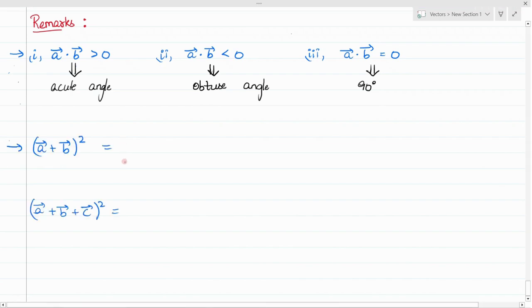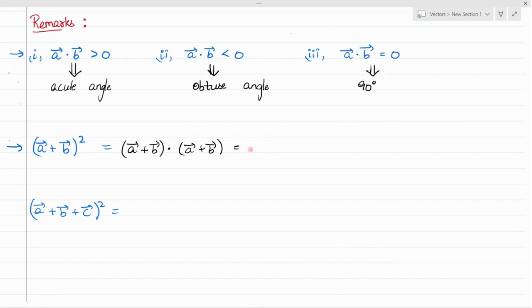Now, next thing is (a plus b) whole square. How to find this value? We can write it as (a plus b) dot product with (a plus b). Now, when you split it, you'll get a dot a plus a dot b plus b dot a plus b dot b.